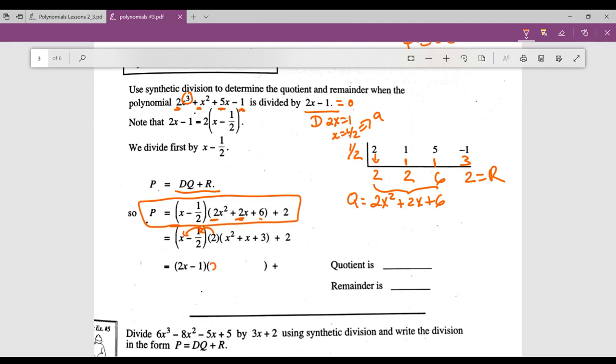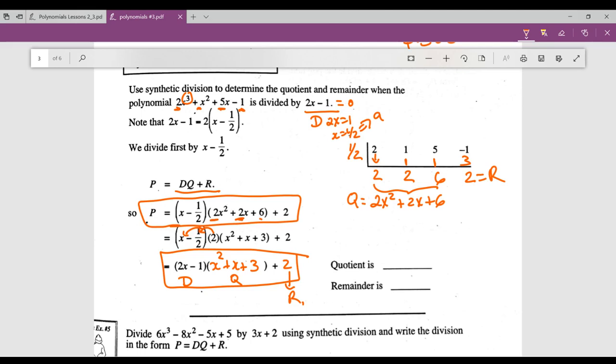And you're left with that. There's your divisor, there's your quotient, and there's your remainder. Okay? So that's the only little wrinkle with something that has a fraction in it.